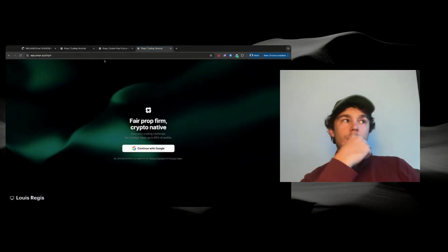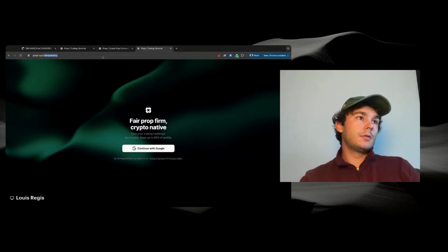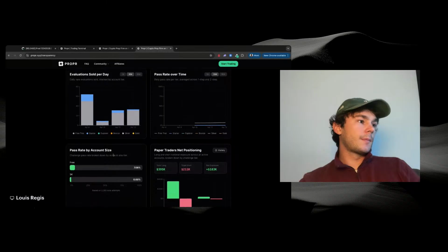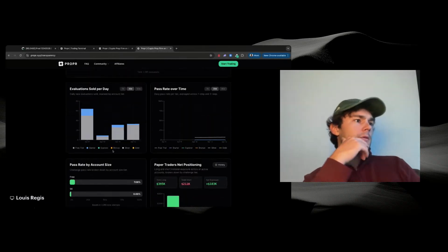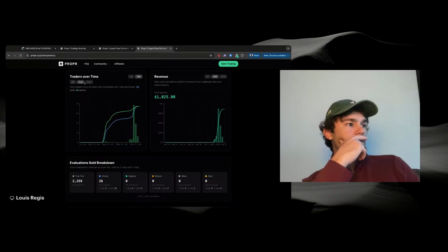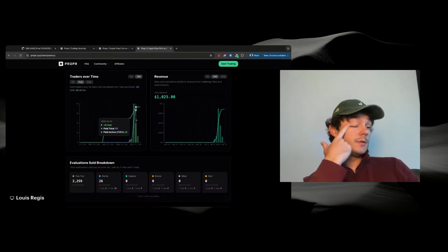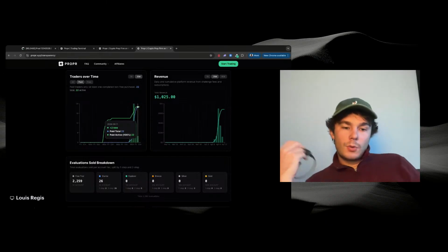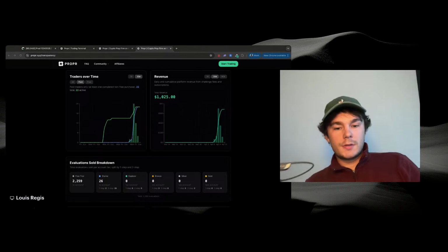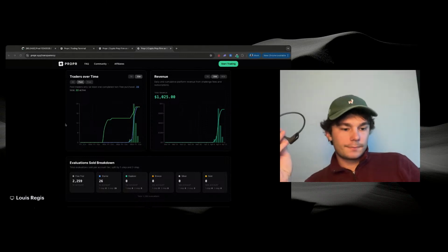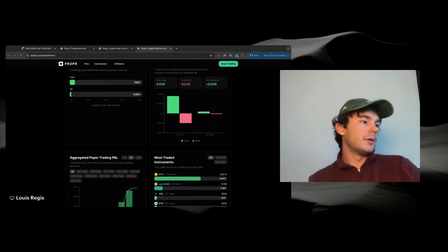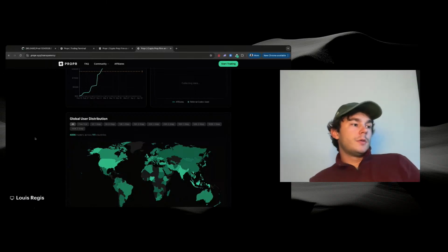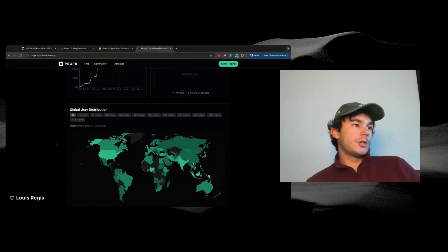A couple of other things, for example on the transparency board, we now show you the traders over time. Today we have 22 traders. We haven't launched; we are in this pre-launch phase. We also added the global distribution by challenges.